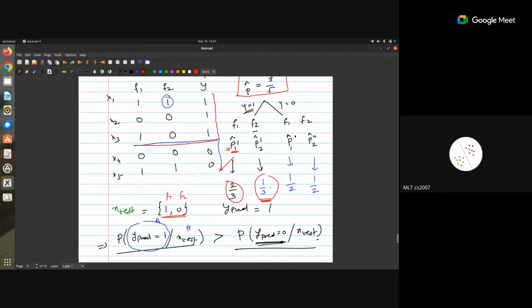Okay, f1 is a feature, right? It's like a coin. Can you consider this as a coin? For that coin, this is the probability that it will be a success, right?